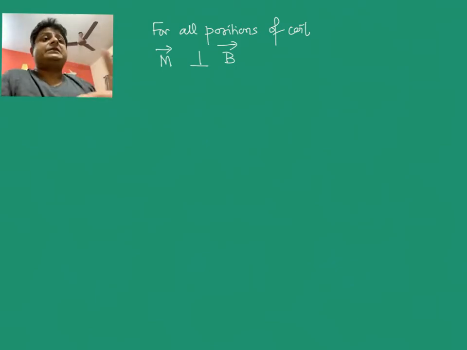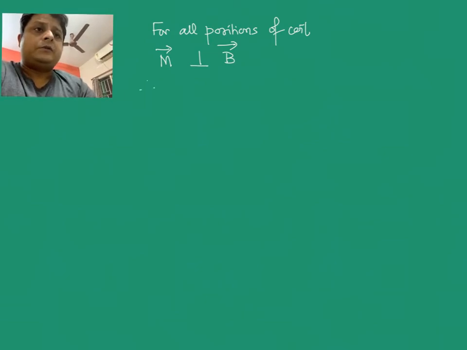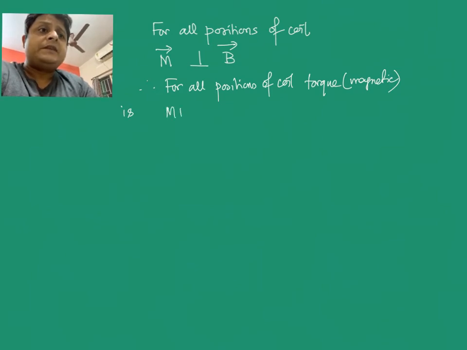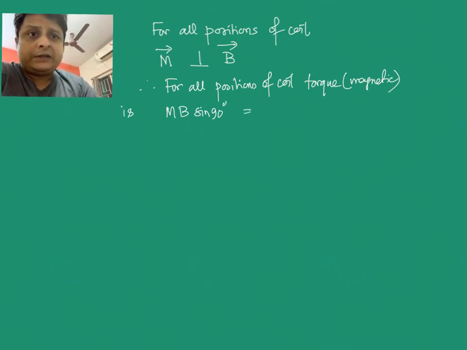So for all positions of the coil, this M is perpendicular to B. That means for all positions of the coil, the magnetic torque is MB sine of 90 degrees, because it is always 90 degrees.